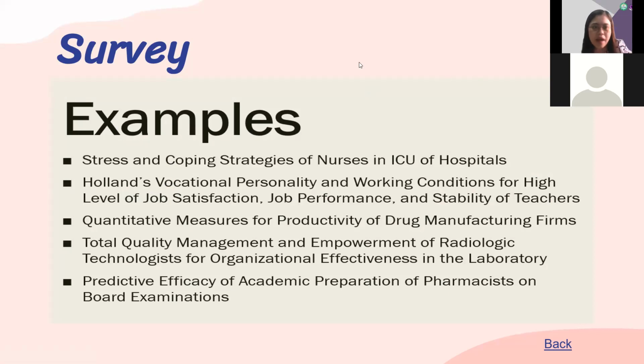And then we also have Holland's vocational personality and working conditions for high level of job satisfaction, job performance, and stability of teachers. So questionnaire pa rin. They are going to conduct survey with the teachers of a certain school regarding their personality and working conditions for high level of job satisfaction and so on.